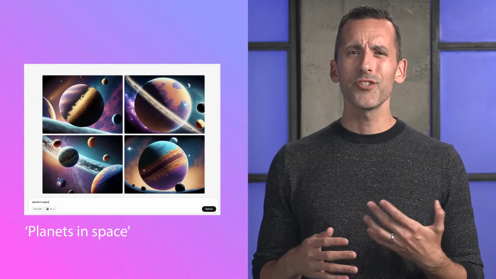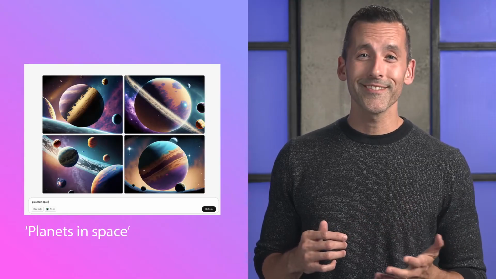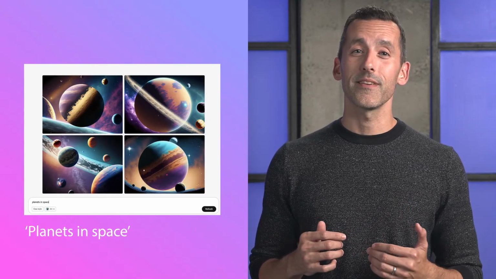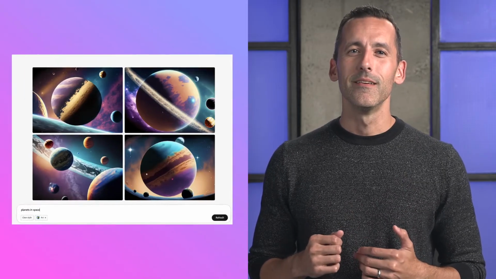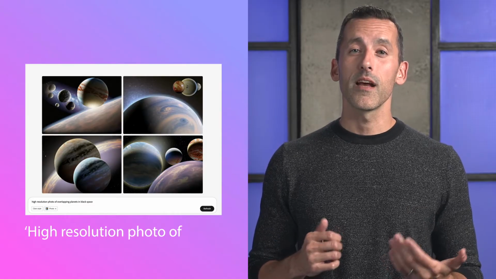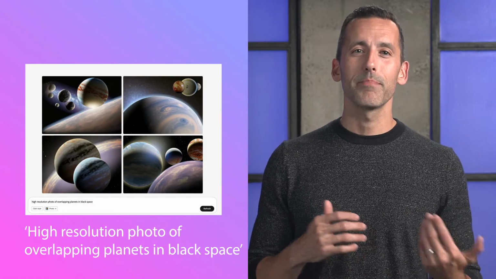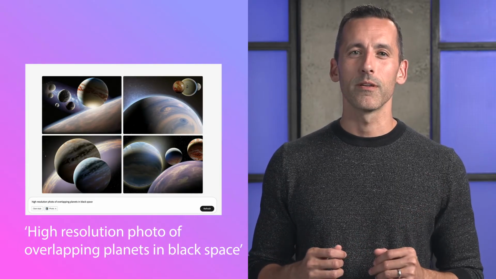But Kelsey realized she wanted something a bit less stylized or fantastical. So like all great prompt engineers, she gave a lot more specificity to help Firefly show off just how smart it is. Kelsey then further refined her prompt by adding the words "high resolution" and "black space" until she got the exact look she was hoping for.